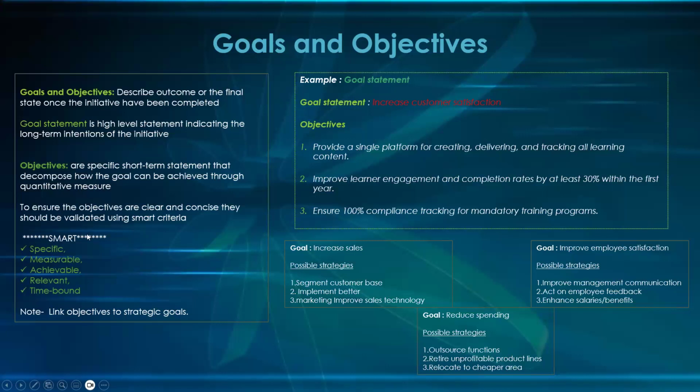So we'll continue. But when you're writing your goals and objective, it has to meet the SMART criteria. Here we call it the SMART criteria. It must be specific, it must be measurable, it must be achievable, relevant, and time bound.